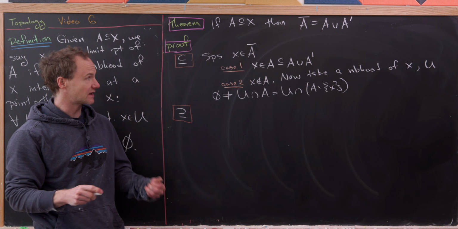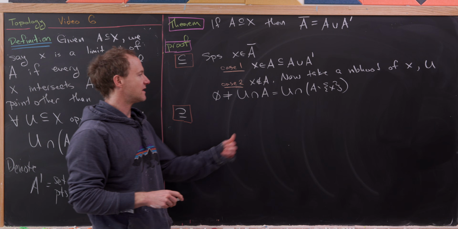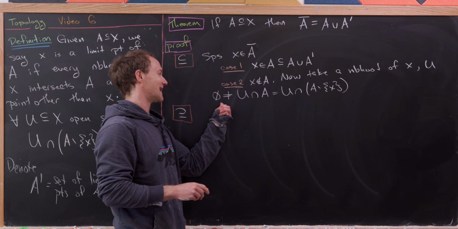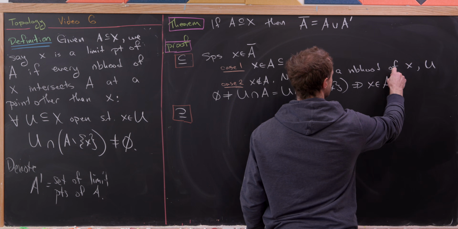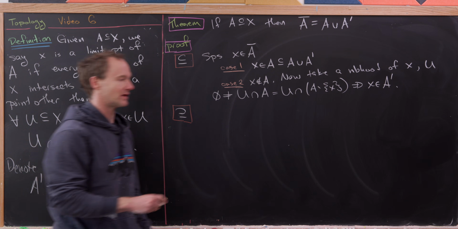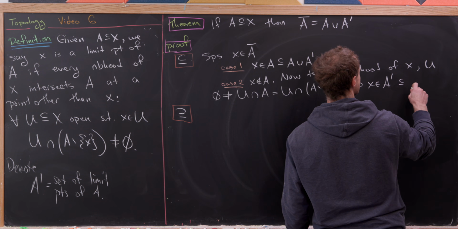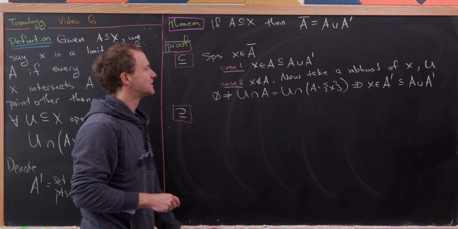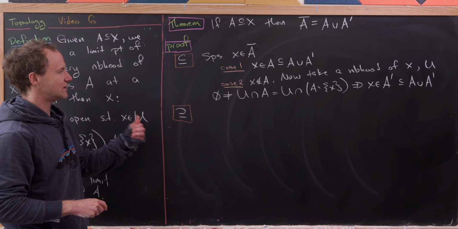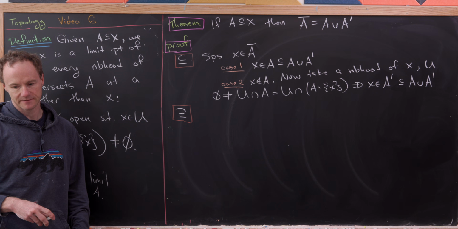And that's because x is not an element of A. But this object right here, not being the empty set, is exactly what we need for x to be inside of the set of limit points. But then the set of limit points is a subset of A unioned with the set of limit points. So either way you get at it, you have x is an element of A union limit points of A.